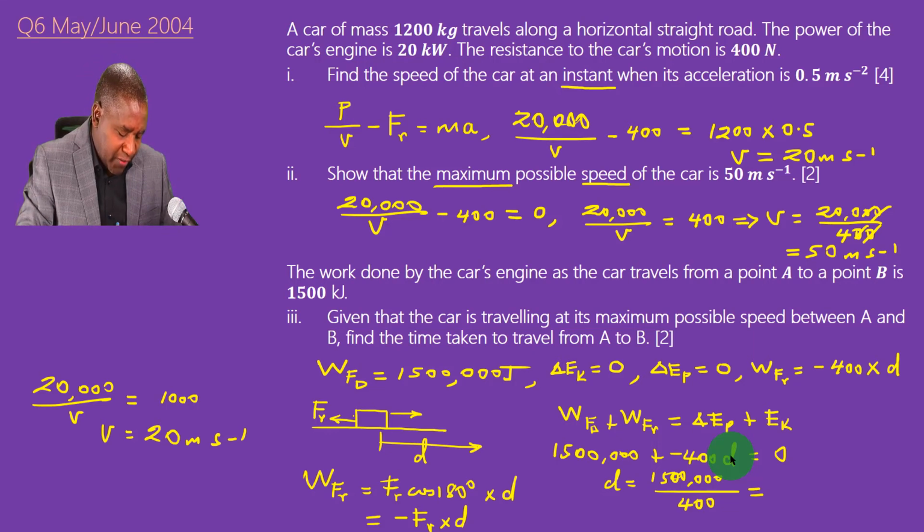So I'm going to divide 1,500,000, because that is what 1,500 kilojoules stands for.